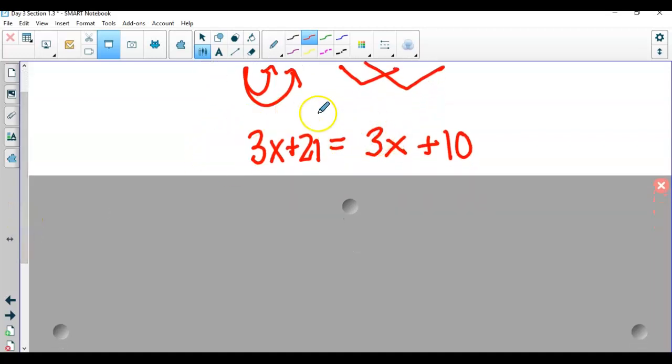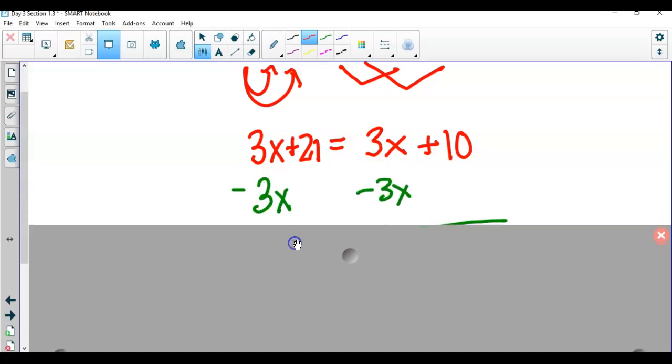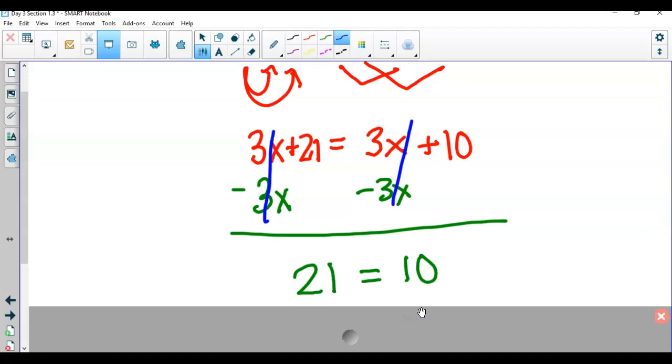I combine my x's right now by doing opposite operations. They're the same, doesn't matter which one I pick, so I subtracted 3x. What you'll notice is then these both cancel. And I'm left with 21 is equal to 10, and that is not a correct statement. So when something like that happens, that's called no solution.